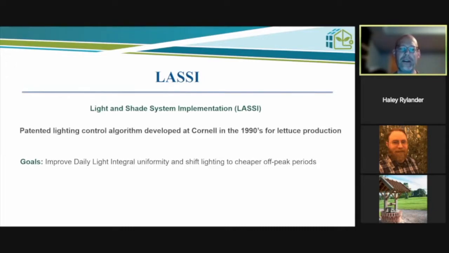Basically the purpose of LASSI was to get a uniform daily light integral, the amount of light that the crop receives every day, so that you could have the same amount of growth throughout the year, which would increase the predictability in your production, so make it much easier to market things. Another goal was also to shift the supplemental lighting into cheaper off-peak periods of the day, which are usually the night periods.